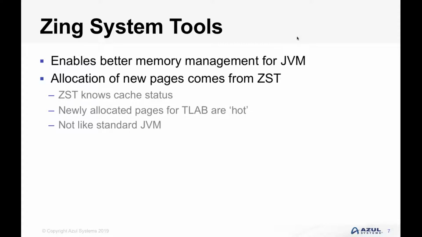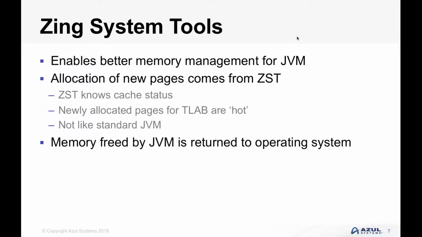The other thing that we do is we don't keep the memory, which is what standard JVMs do. Standard JVMs will allocate pages of memory, make those available and dedicate those to a JVM. Because we work at the operating system level, we're able to say, okay, when the JVM doesn't need that page anymore, we can return it to the operating system, and that can be reused by a different JVM if we want, or it can be used by the same JVM later on.